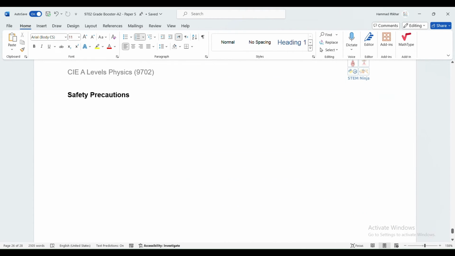So handling electric heater with caution, using gloves to protect against shocks and burns.